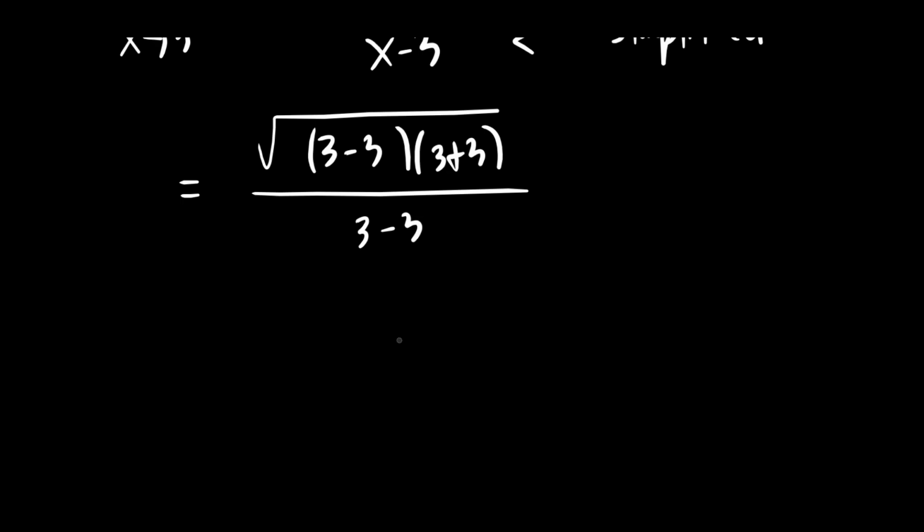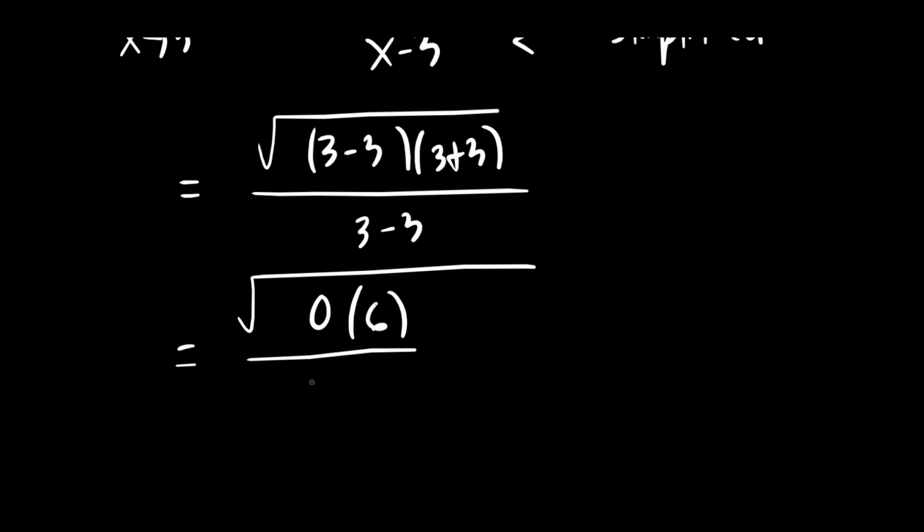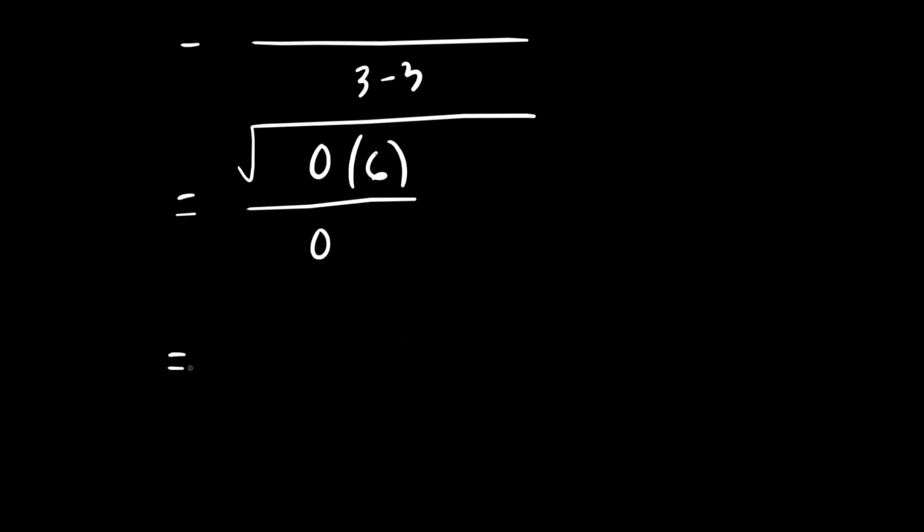Square root of 3 minus 3 is equal to 0. Multiplied by 3 plus 3, which is 6, all over 0. So we'll have square root of 0 all over 0, but this expression does not exist.